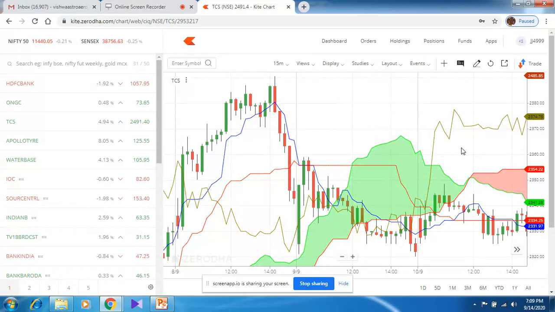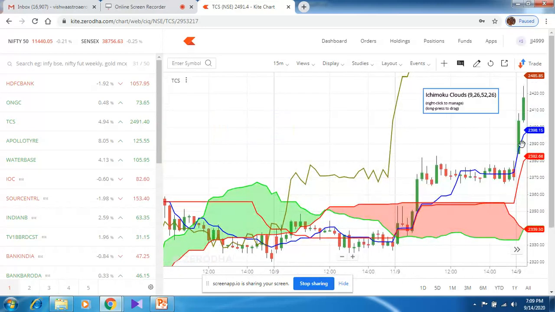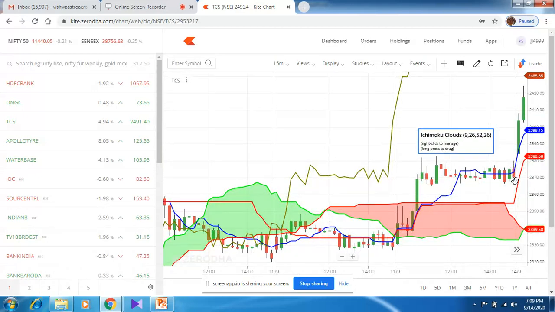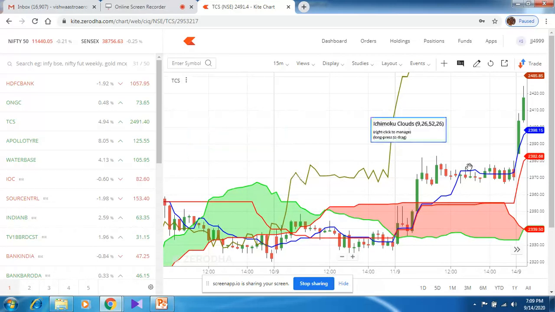That means if the current progress can be observed somewhere here, 26 candles ahead, then this lagging span would be 26 candles behind the progressive candle. So this is the meaning of lagging span.